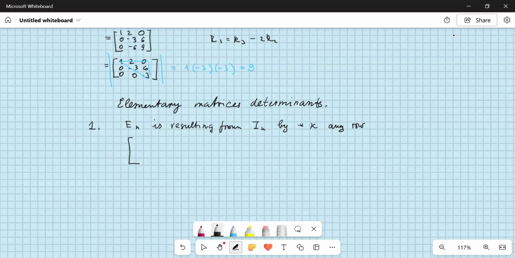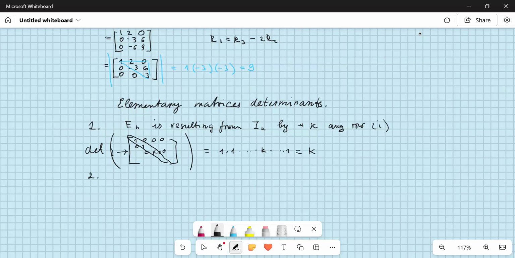I don't know which row, but row i, let's say. So we have 1, 0, 0, 0, here is 0, 1, and eventually on row i, we're going to have k, right? 0, 0 here. Well, because these are diagonal elements, the determinant is going to be just the product of diagonal elements, and that's going to be 1 by 1, and eventually you are going to have k here and then more ones, and that's going to be k. So the determinant of the first elementary matrix is going to be just k, whatever number you use.